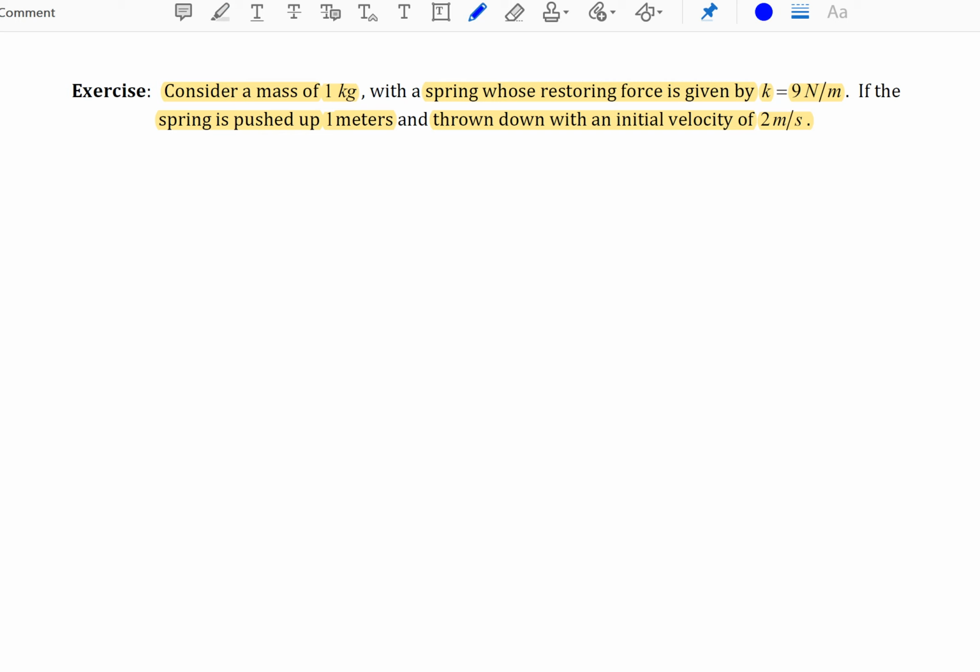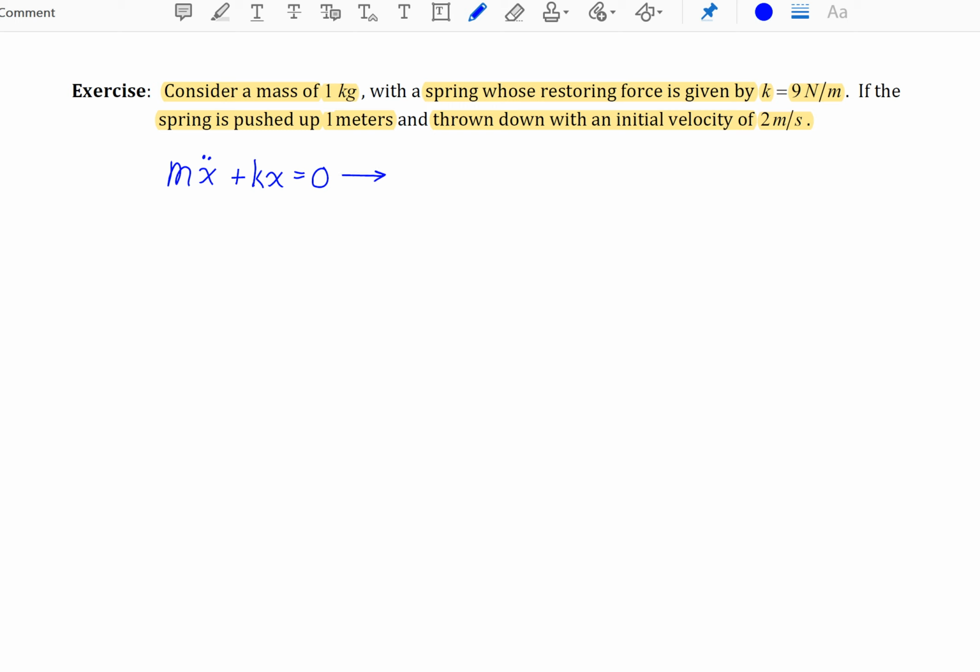Let's start by writing our differential equation. And remember, we're starting from the form mx double dot, our second derivative, plus kx, our spring constant times x, has to equal 0.